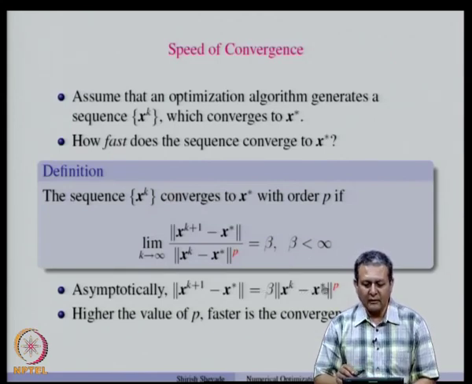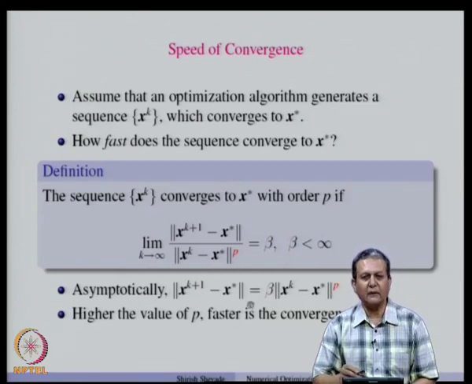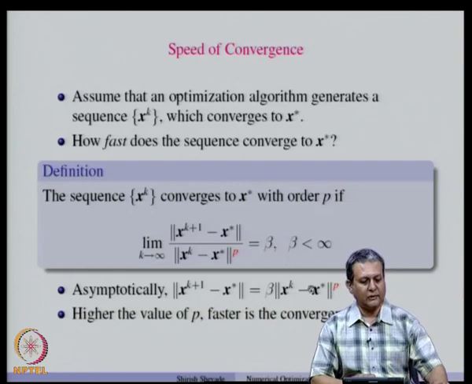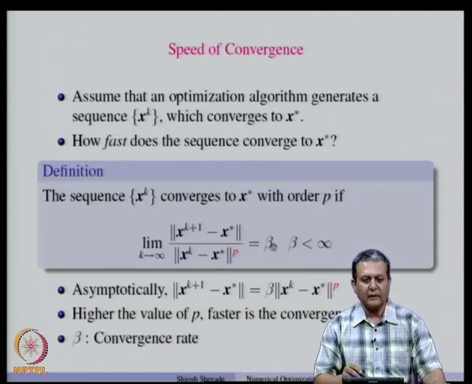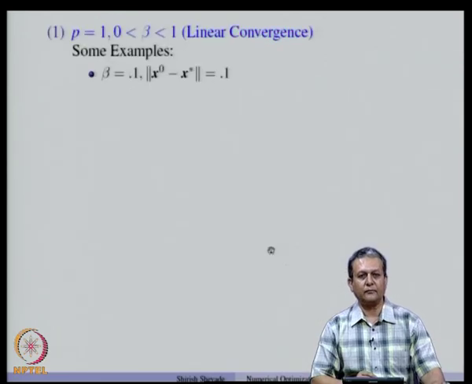So, you can see that if p is higher, then the distance between x k plus 1 and x star reduces to 0 at a faster rate. So, that is why higher the value of p, faster is the convergence. Now, beta, as I said earlier, is called the convergence rate.